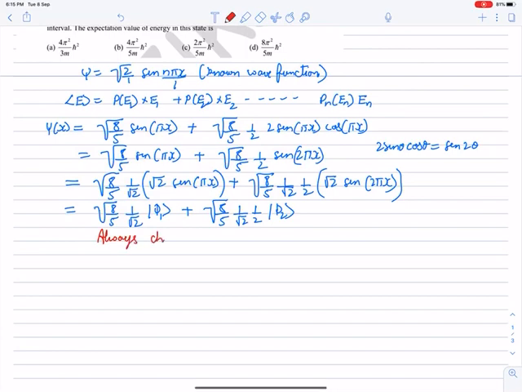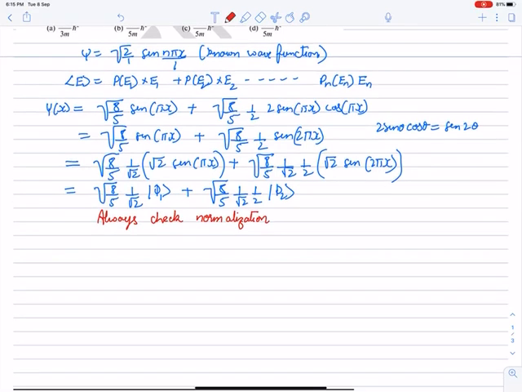Always check normalization. So when we check normalization, it will become 8 upon 10 plus 8 upon 40. If you take the LCM 40, then 32 plus 8 gives 40 upon 40. So it is normalized.